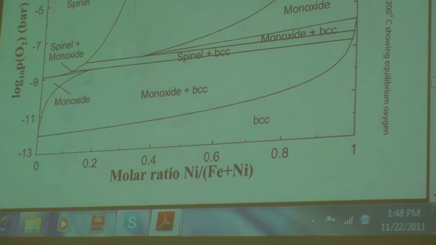Yeah, there's your iron nickel oxygen diagram.